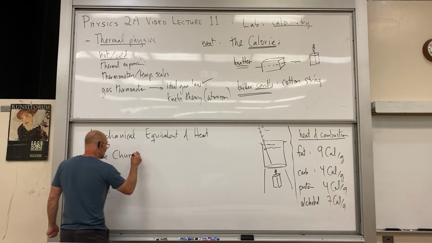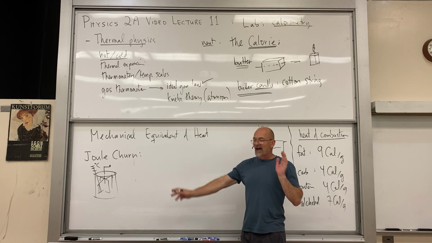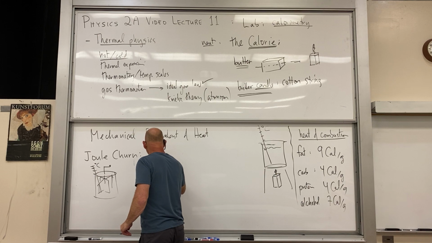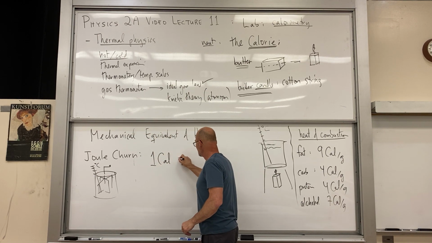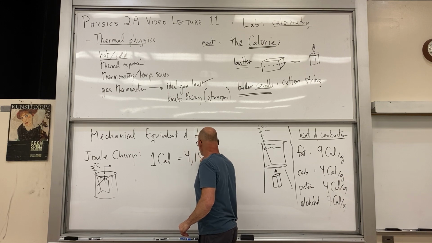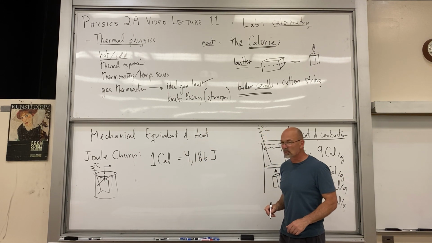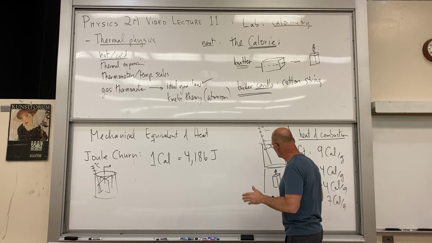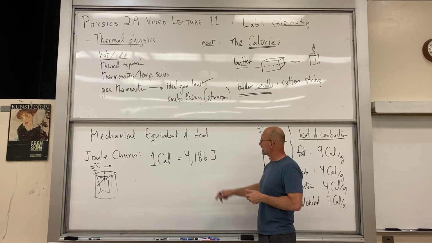And with a very careful experimental evaluation of that, here's what we find. We find that 1 calorie with the uppercase C is equal to 4,186 joules of work. That's how much work is done to raise the temperature of a kilogram of water by 1 degree Celsius. 4,186 joules.